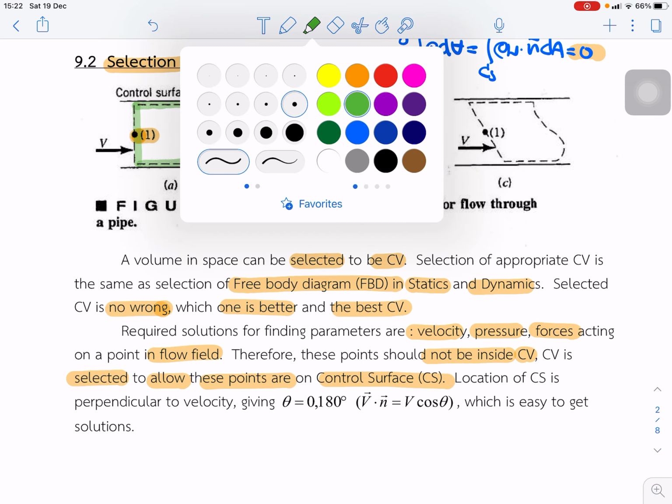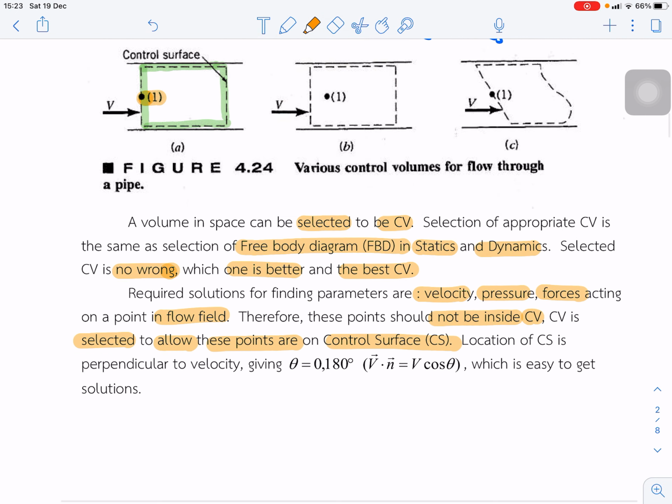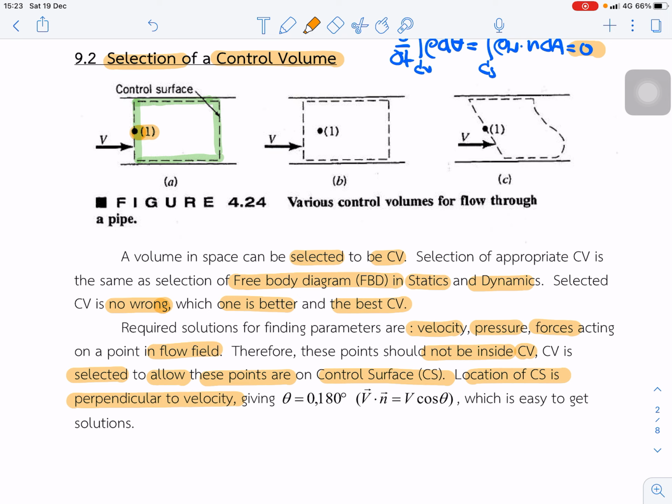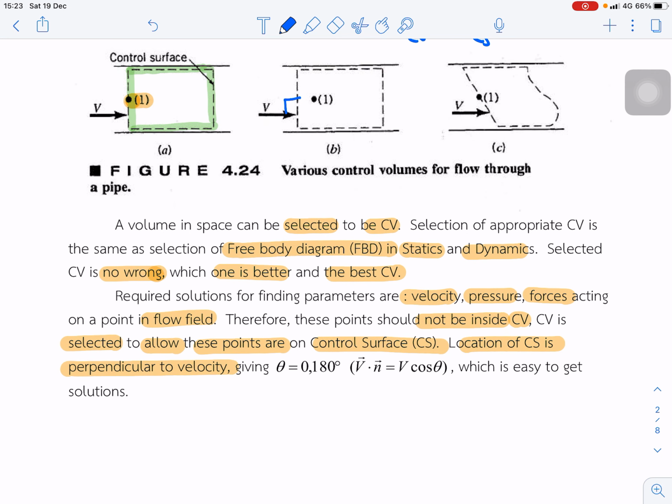The location of the control surface should be perpendicular to the velocity. Then we get theta equal to 0 or 180 for the dot product, which makes it easy to get the solution.